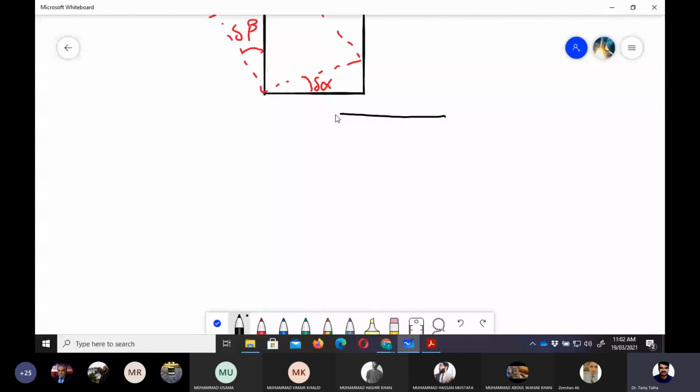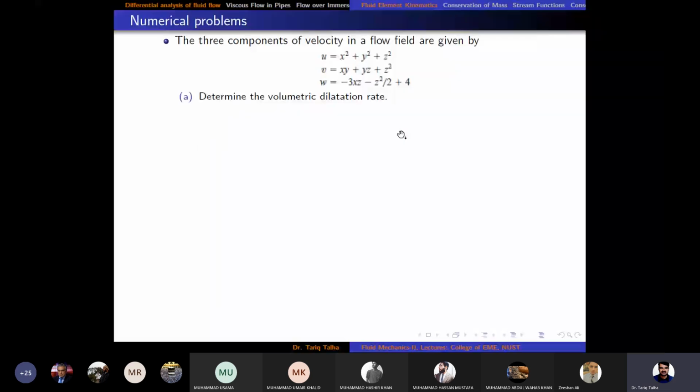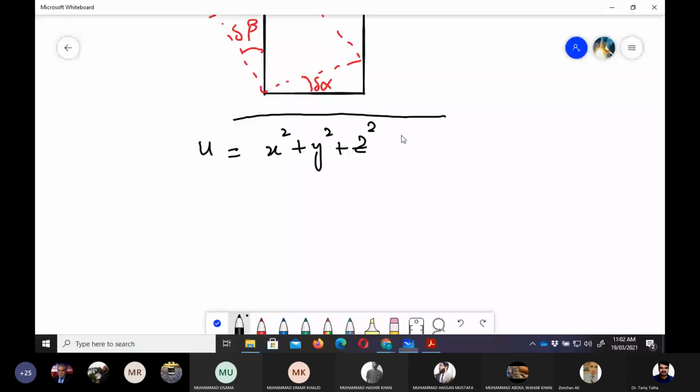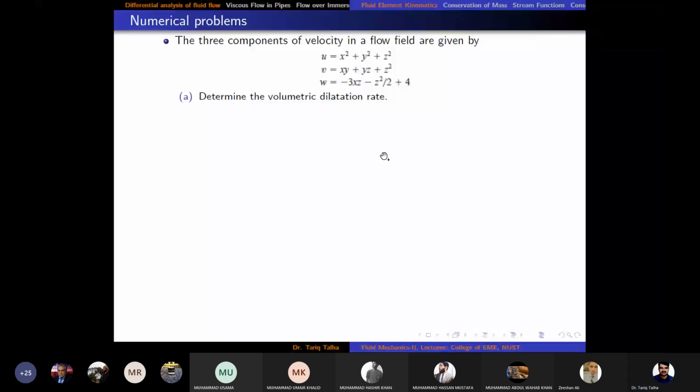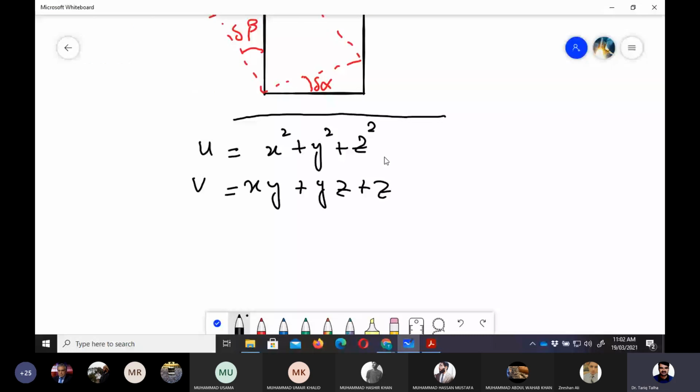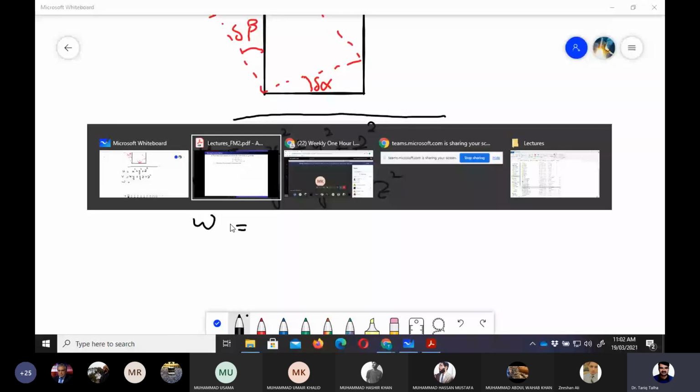u is equal to x square plus y square plus z square, and then we have got v is equal to xy plus y plus z square, and then w is equal to minus 3xz minus z squared by 2 plus 4.